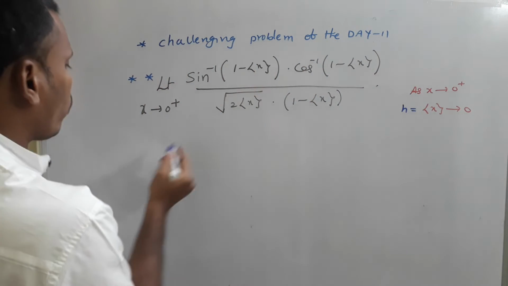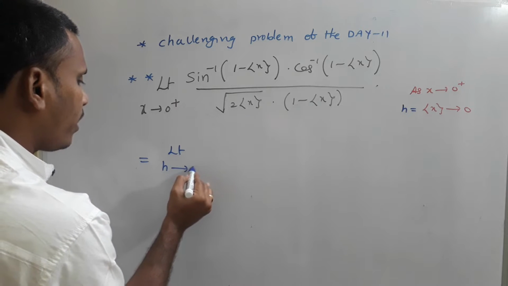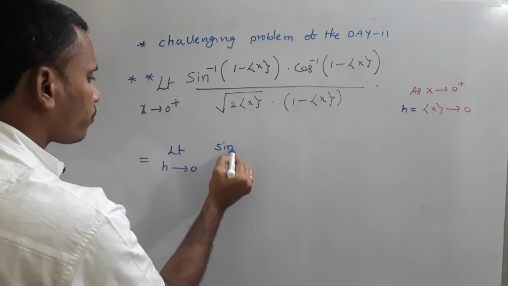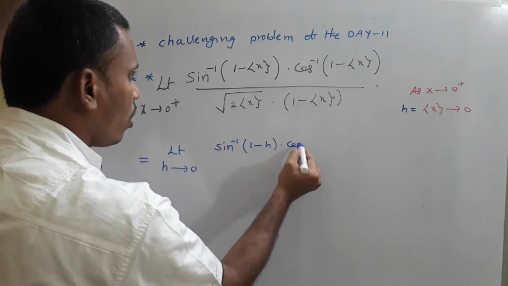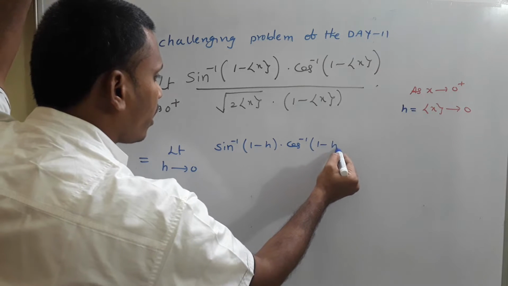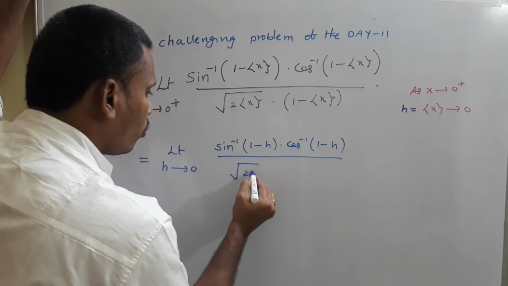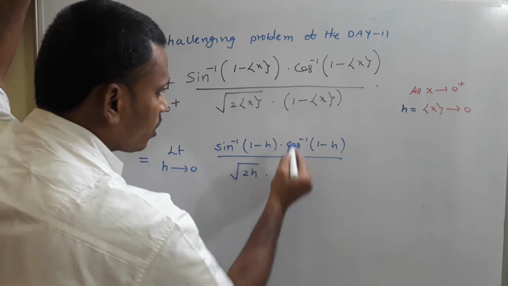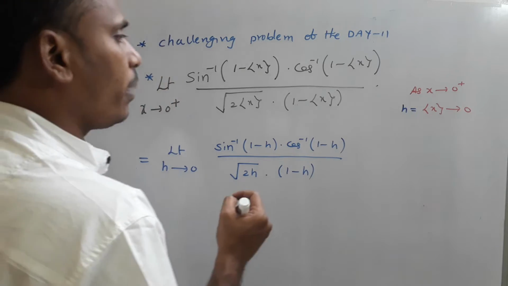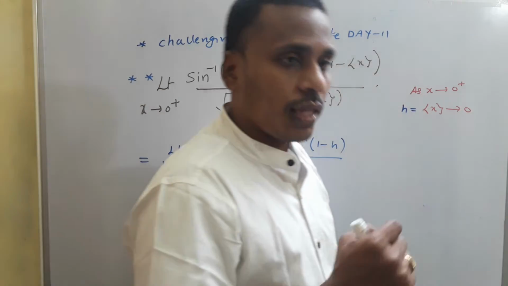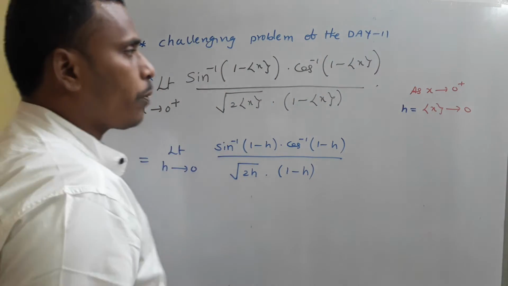So now when you try to convert the complete problem in terms of h, this is limit h tending to 0 sin inverse of 1 minus h into cos inverse of 1 minus h divided by square root of 2h into this 1 minus fractional part of x is nothing but 1 minus h. Just by replacing fractional part of x with h, and that h is tending to 0.